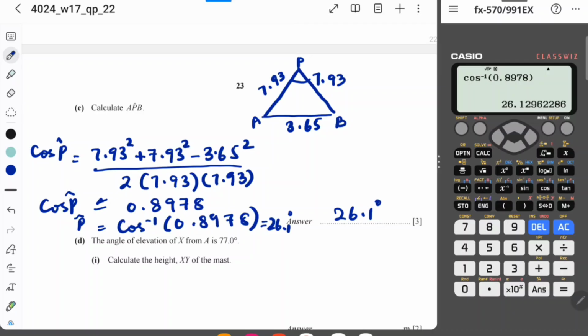If you keep everything calculated in one go, then you'll get a more accurate answer, so try that too.